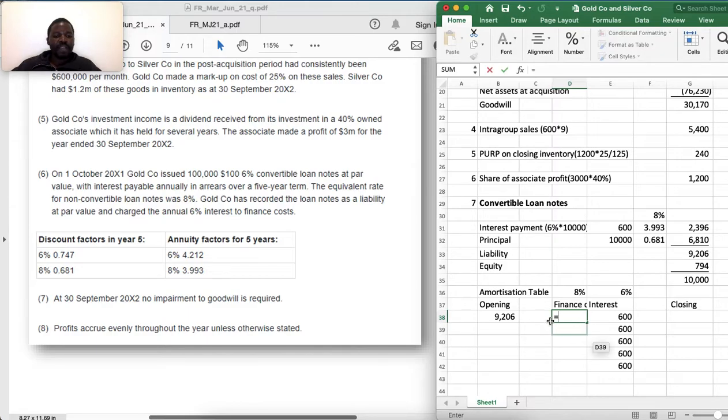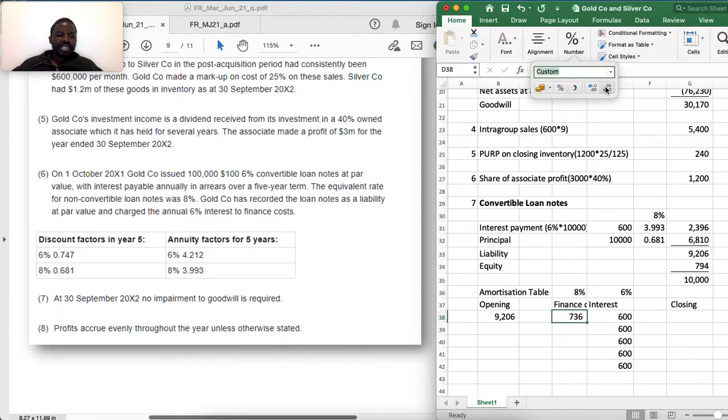So now we'll say this opening amount multiplied by the interest element, then we get that figure.